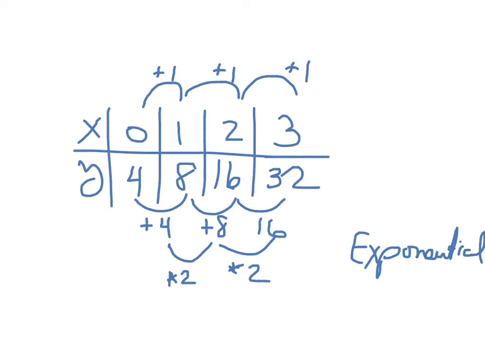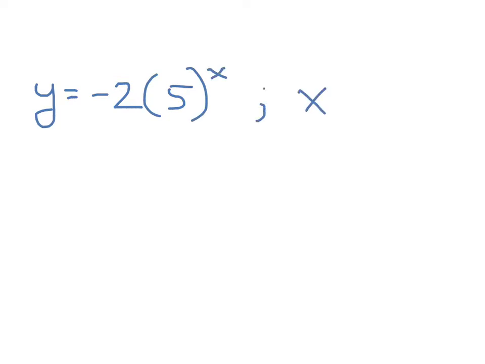Then, the second thing that it has, example number 2, says y equals -2, 5 to the x power, and it says x equals 3. And what it wants you to do is evaluate that. Now, the word evaluate, can anybody define what they think evaluate means?